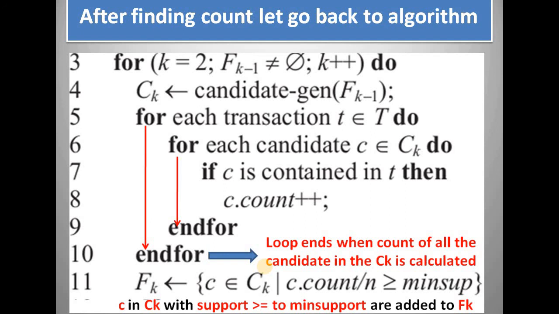I will go through the whole transaction and check how many times the candidate C has appeared in transaction T. After I traverse through the whole T and have found the count for a particular candidate C, I would check whether its support is greater than or equal to the minimum support. If yes, it would be added to FK. This process continues until I go through all the candidates in CK. So that is what is explained here.